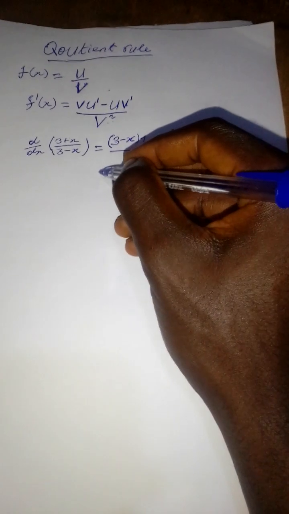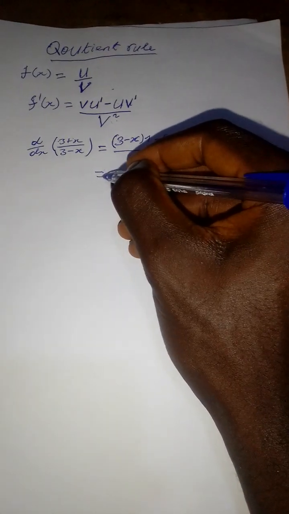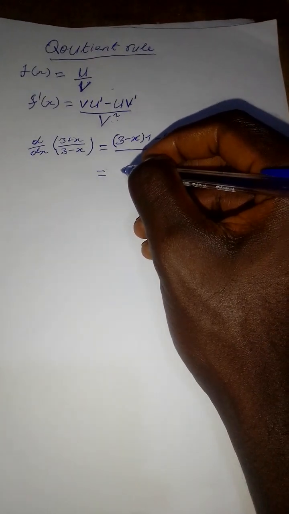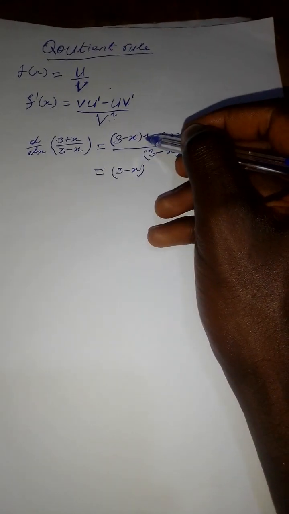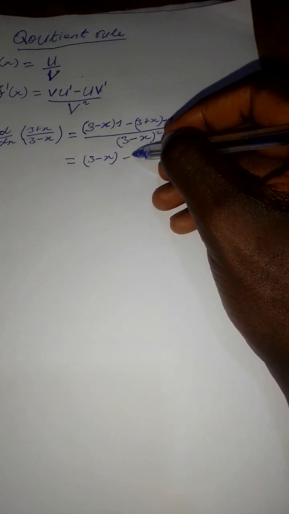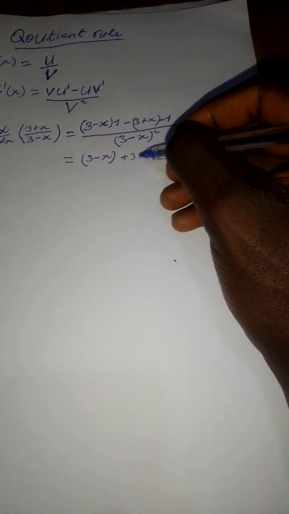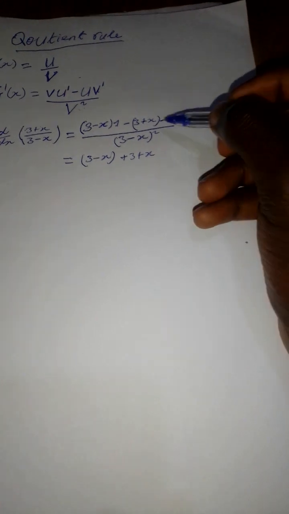Now to tidy this up, we actually have 3 minus x, because this one is going to multiply everything that's in the bracket, plus 3 plus x. Why plus 3 plus x?